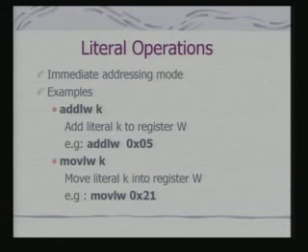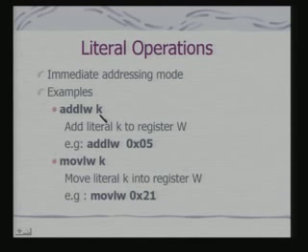Let us look at now literal operations. In the literal operations, we actually use immediate mode addressing. In this case, these are all direct operations, that is where your data is part of the instruction itself.